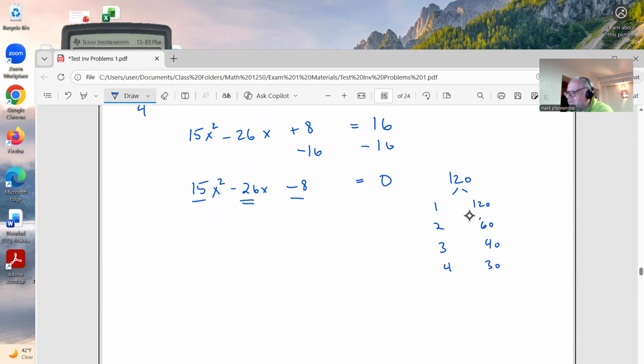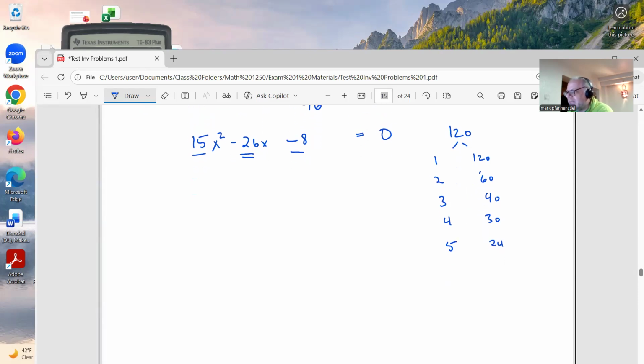We're going to have 5 times 24. Okay, we have 6 and 20. Okay, now remember, we're looking for a difference in these things. We have an 8 and 15. I got that one from the previous one.